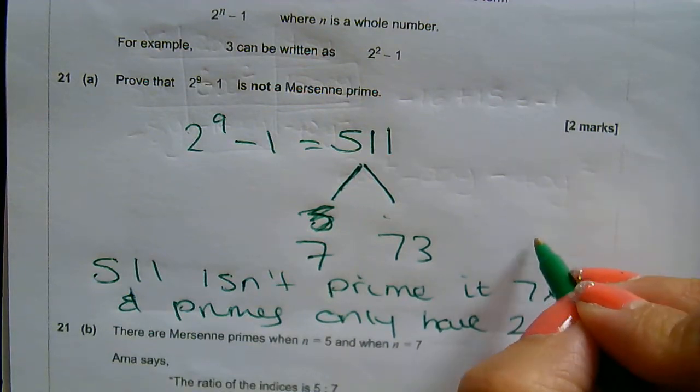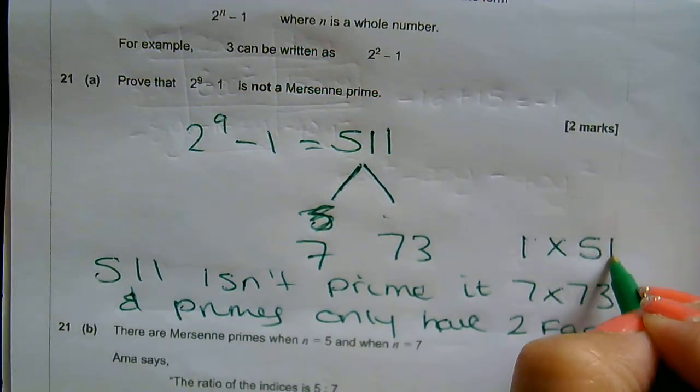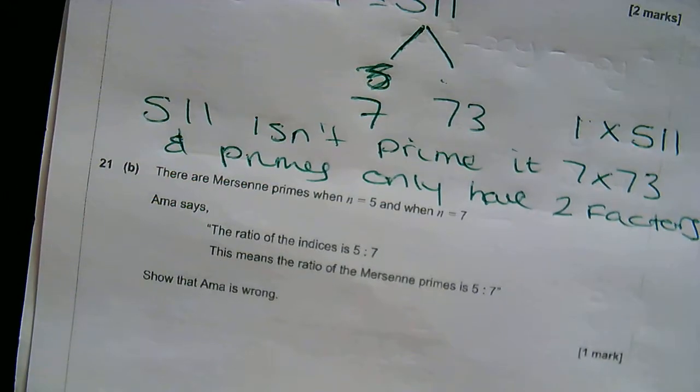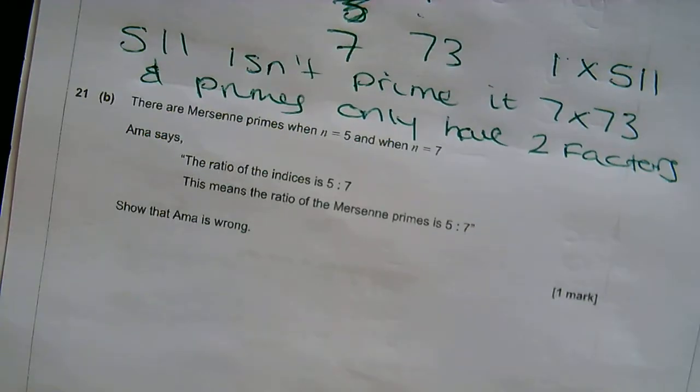So we know it's 1 times 511 and 7 times 73. This one's got 4 factors. So you could write a sentence, as long as you're really clear, write a sentence to do with it, and you're away.